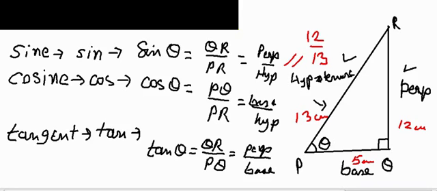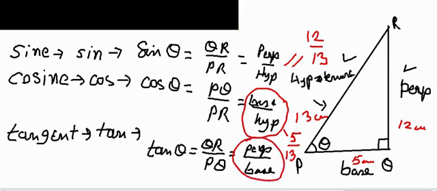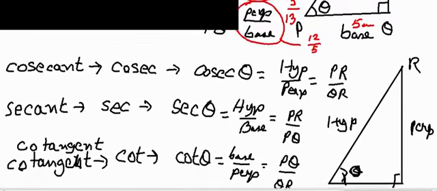Cos theta in this triangle is base by hypotenuse, so it is 5 by 13. Tan theta, if you recall, is perpendicular by base, so this becomes 12 by 5. Similarly, we can always go for the other ratios here.